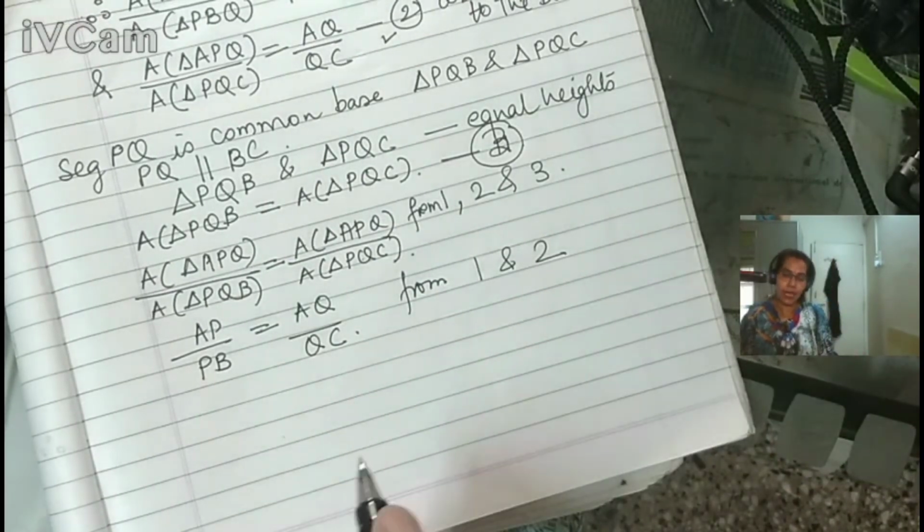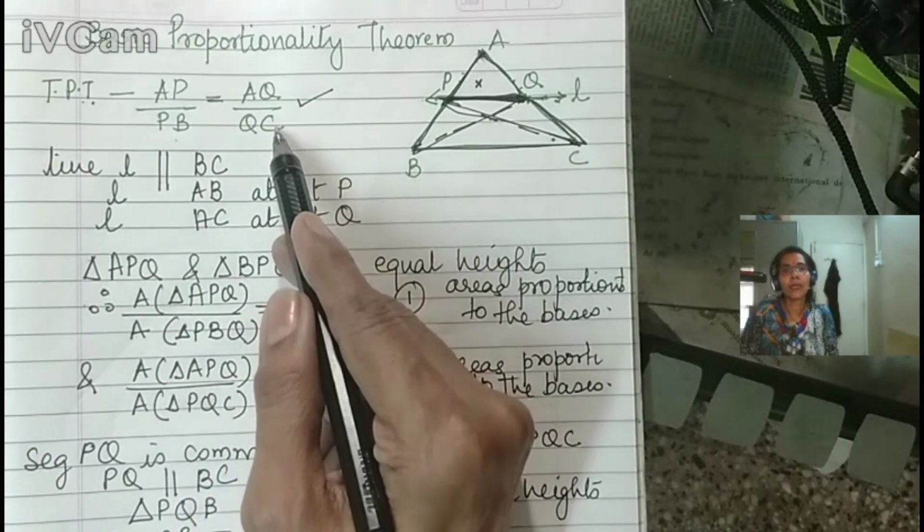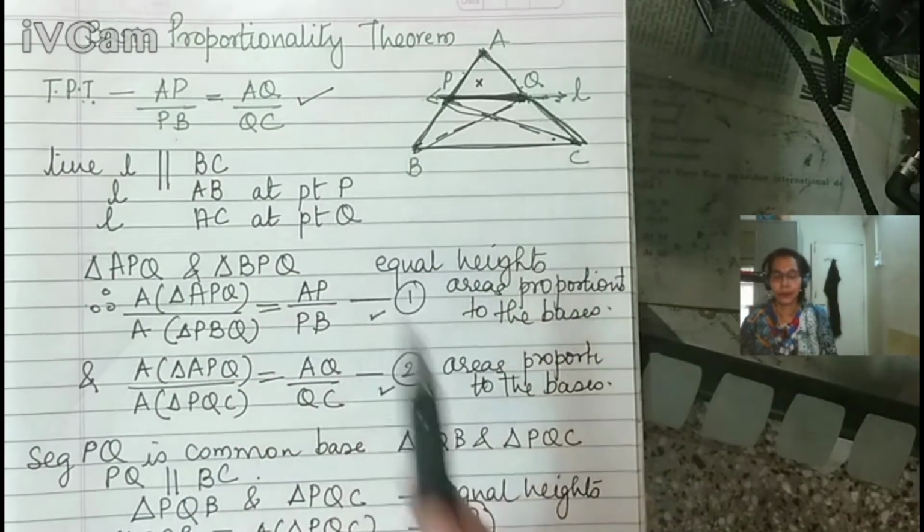This is how we prove the theorem. AP upon PB is equal to AQ upon QC.